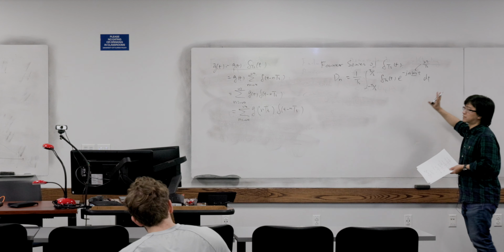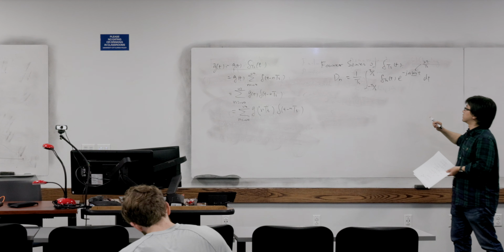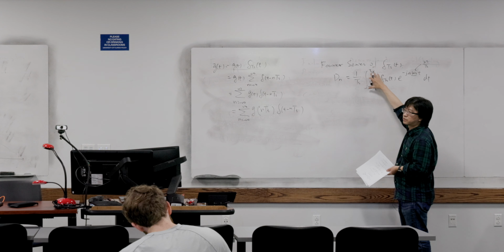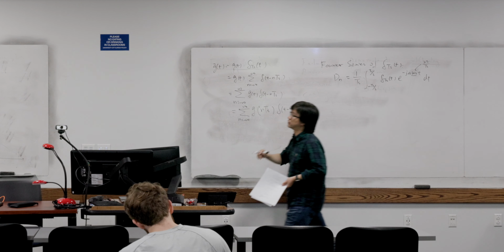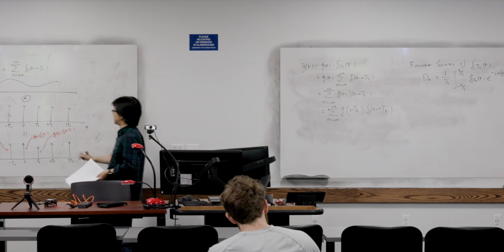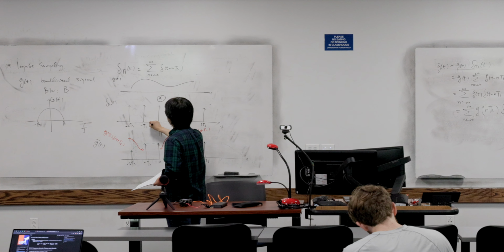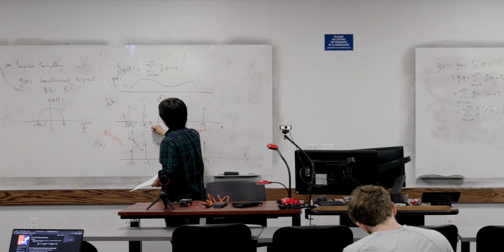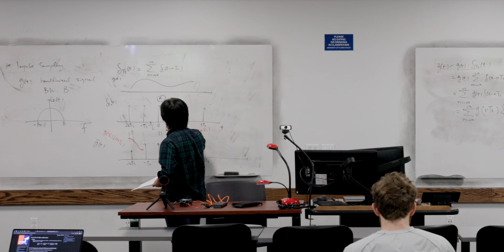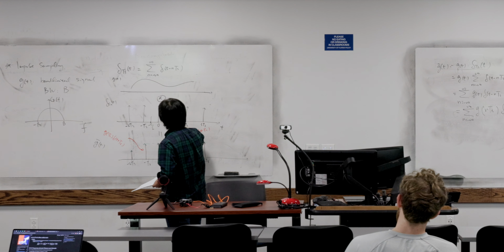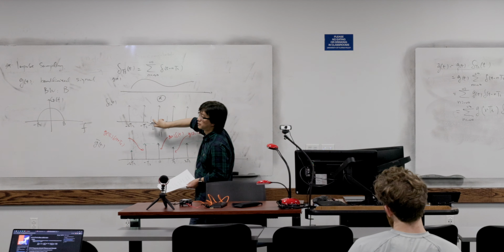That's the definition. But remember, the trick here is that we do the integral over one period. The period we pick is from minus Ts over 2 to Ts over 2.